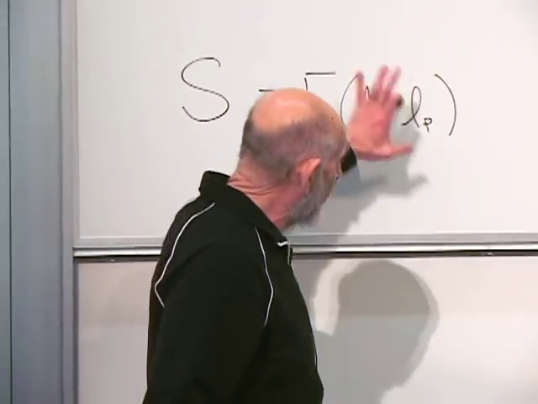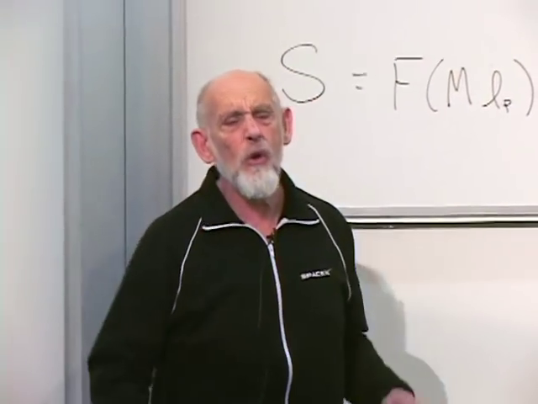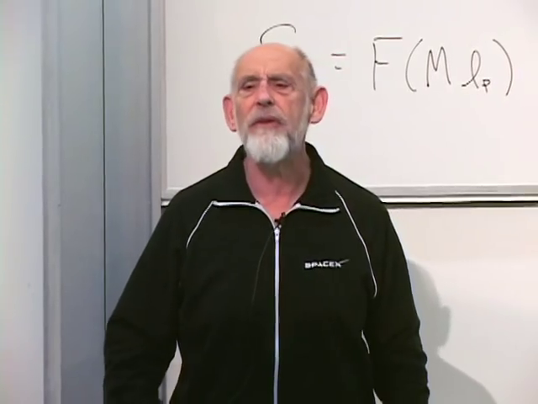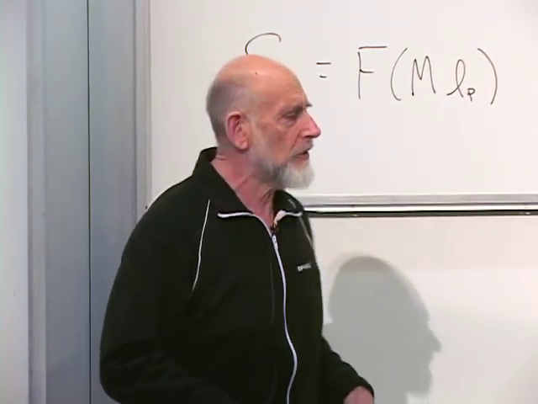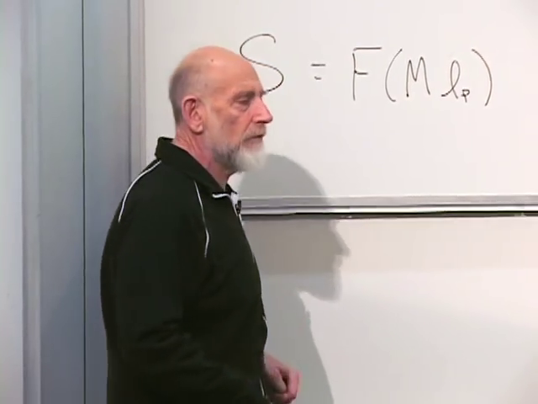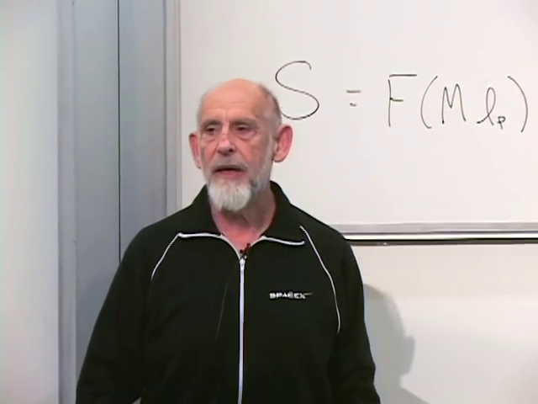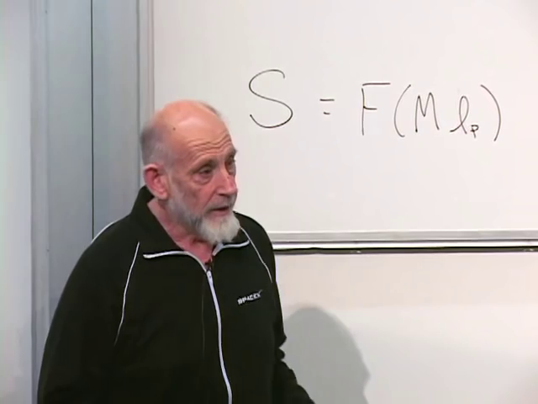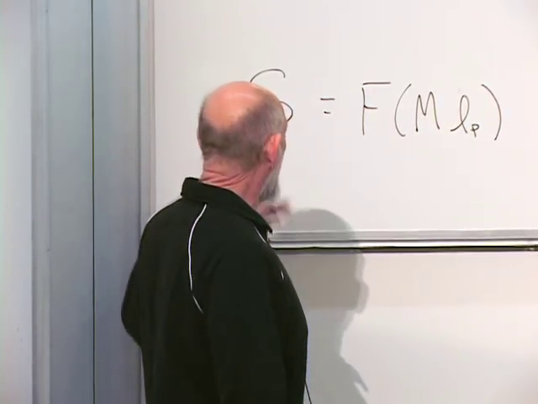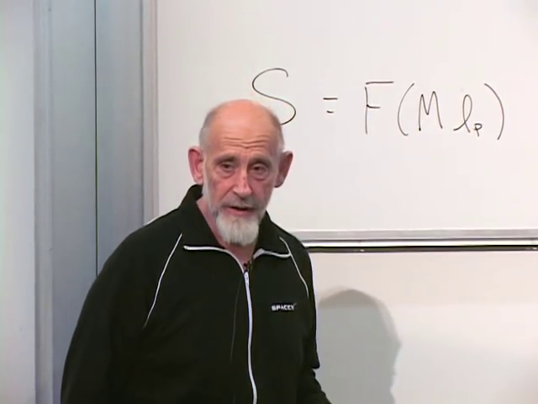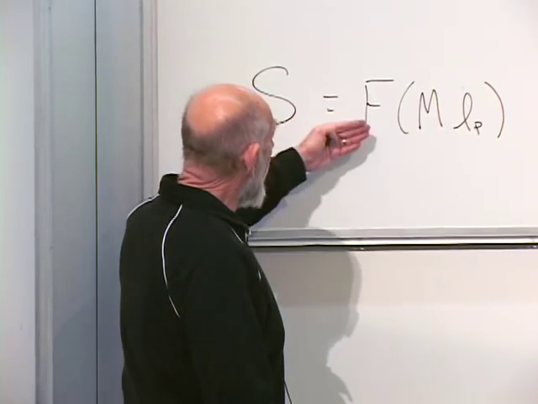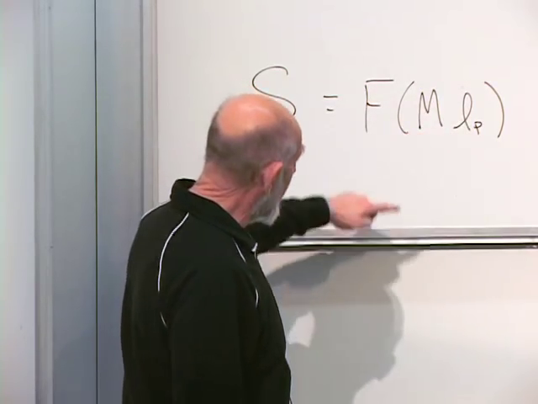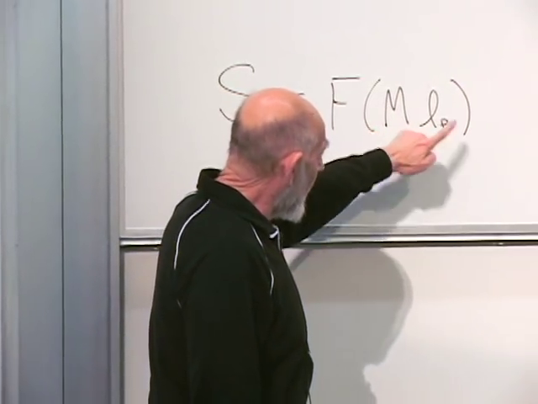Now we're doing black hole physics over here. It doesn't even know yet about string theory. We're in the old days when Hawking and Bekenstein first discovered the fact that black holes have entropy. And you could ask at that time, what can the entropy depend on? And Hawking and Bekenstein and everybody else would have said the only thing that it could depend on is the mass times L Planck.